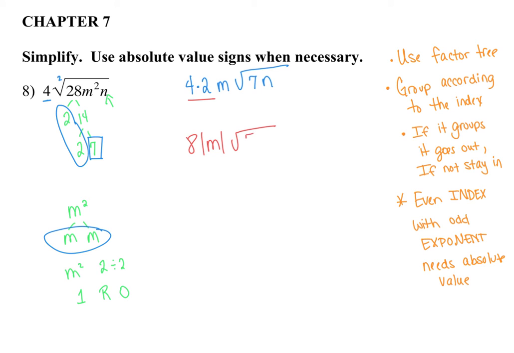Only for my variables and only on the outside. If it were an odd index, I wouldn't even have to check for it, okay? But if it is an even index and you take a variable out that ends up having an odd exponent, you need absolute values because you cannot have a negative inside an even index.